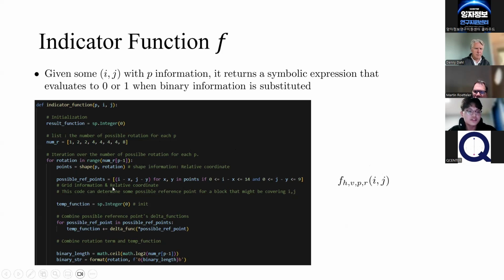It returns a SymPy expression representing the total coverage of i, j by block P across all allowed rotations within the grid boundaries.